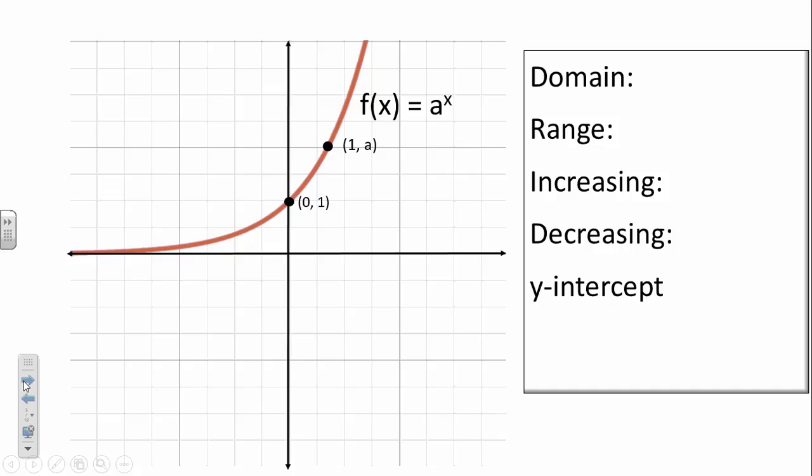So when we graph this exponential function, what's the domain? Negative infinity to positive infinity, exactly. Because I see all values of x represented there. Okay? What about the range?